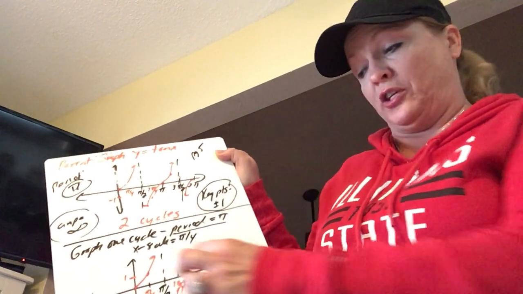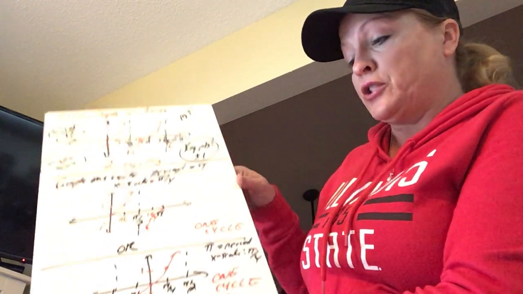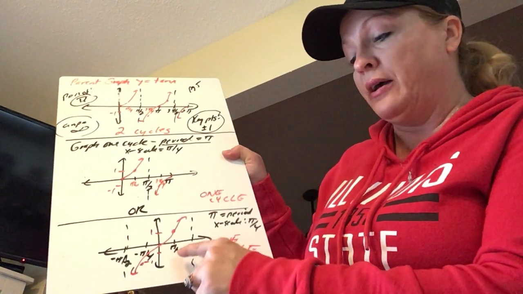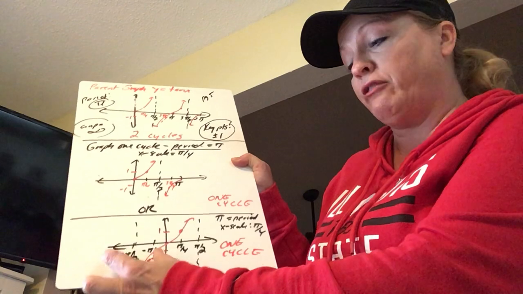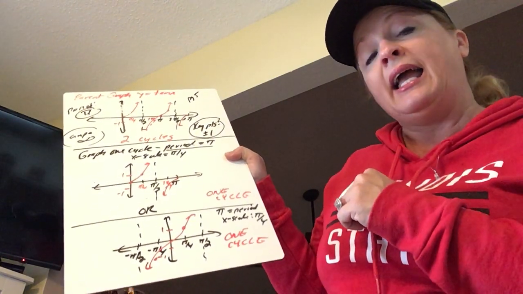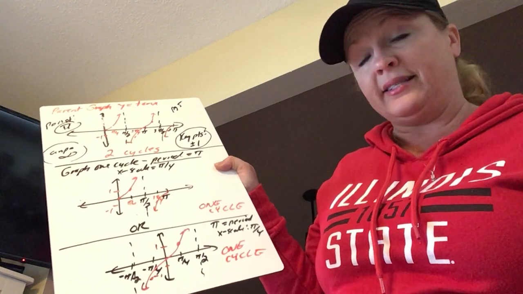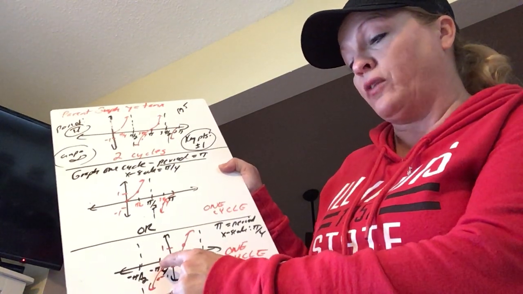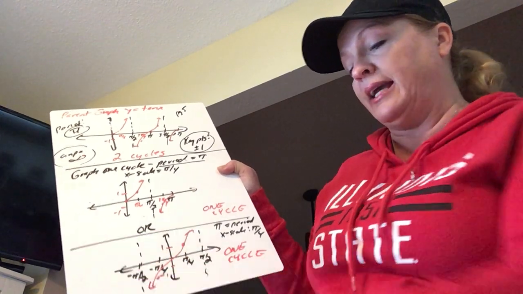Some people don't like that you have 2 broken curves here. So another way to graph one cycle is to graph one complete curve, but half of it on the negative side. So if my period is pi, and if I divide by 4 to get my x scale, this would be pi over 4 and then pi over 2. But then over here I would have negative pi over 4 and negative pi over 2.